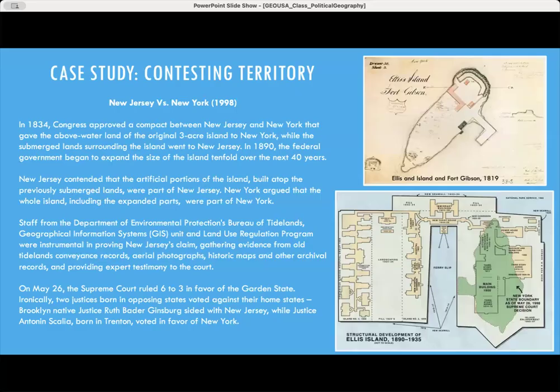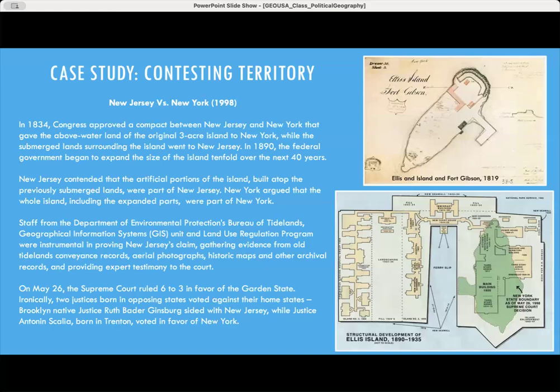So staff from the Department of Environmental Protection, Bureau of Tidelands, Geographic Information Systems, or GIS unit, and Land Use Regulation Program then did the work of proving New Jersey's claim. They gathered evidence from old tidelands conveyance records, aerial photographs, historic maps, and other archival records.